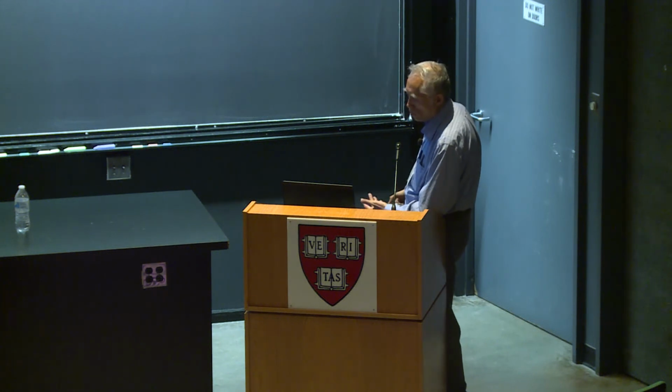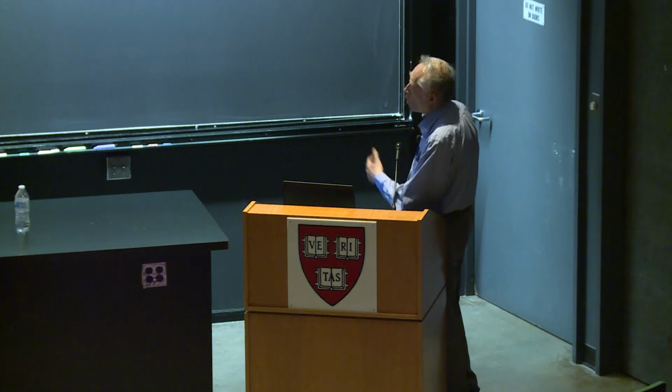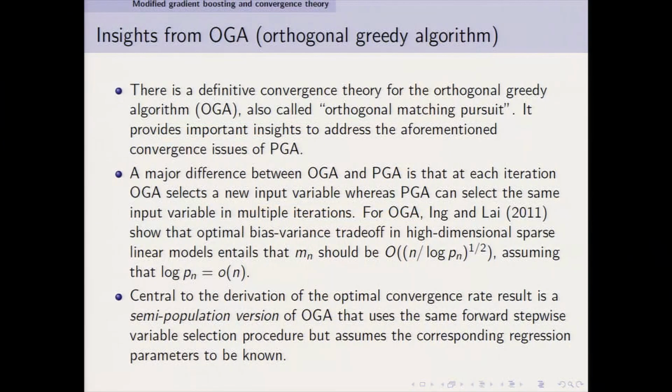So there's a bias-variance trade-off, which Bühlmann and others have anticipated, but there was no definitive answer as to how m_n should be chosen. In the case of OGA, it was actually quite clear how it should be chosen, and we find that m_n should be of this order.